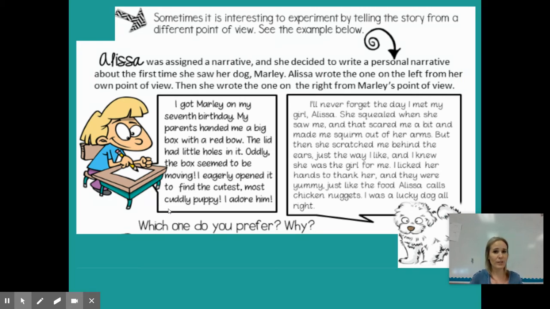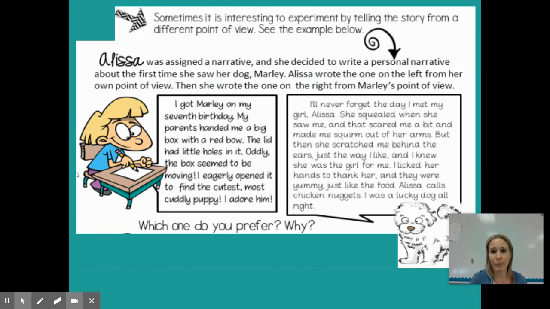It's the first person. She says, I got Marley on my 7th birthday. My parents handed me a big box with a red bow. The lid had little holes in it. Oddly, the box seemed to be moving. I eagerly opened it to find the cutest, most cuddly puppy. I adore him. So it's told in the first person, and it's from Alyssa's perspective, the little girl.